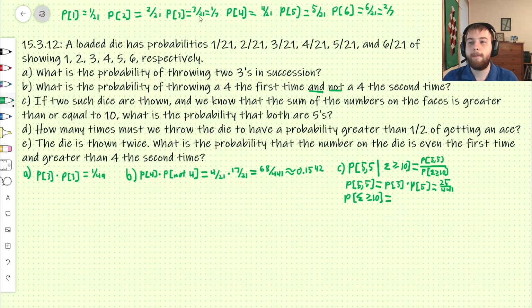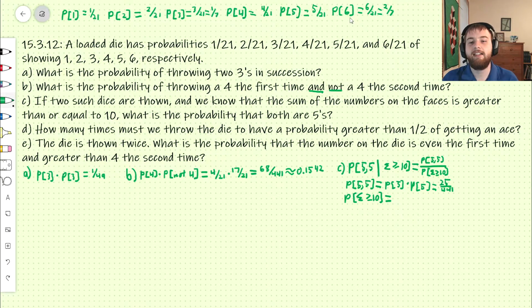But if we roll a 4 on the first die, and a 6 on the second one, then that will fulfill the condition. Similarly, if we roll a 5 and a 5, that'll fulfill the condition. Or if we roll a 5 and a 6, that'll also fulfill the condition. And then if we roll a 6 on the first one, we can roll a 4, a 5, or a 6 to get greater than or equal to 10.